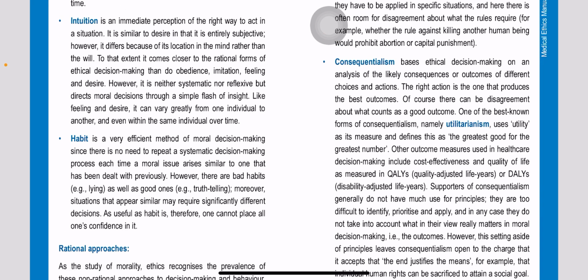Next is consequentialism. It bases ethical decision making on an analysis of the likely consequences or outcomes of different choices and actions. We have discussed that also. It is like an outcome-based decision making, from the word itself, consequence.